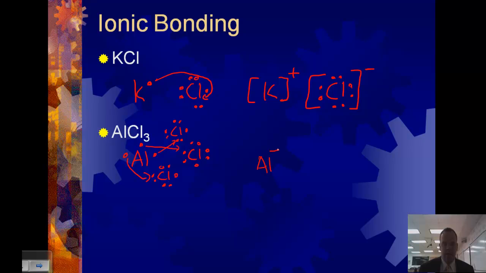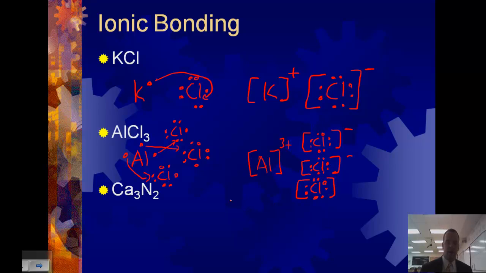We end up with aluminum with no electrons around it, which is the same as having 8, a 3+ charge, and we have 3 chlorine ions, each with a -1 charge. So we're not actually connecting the molecule together. What's holding the molecule together is the electrostatic attraction of the positively charged aluminum and the negatively charged chlorines.